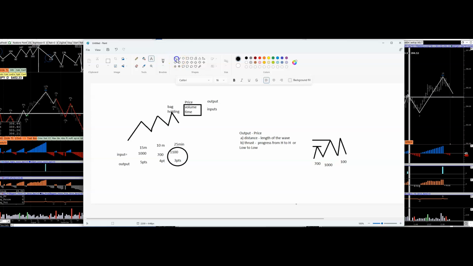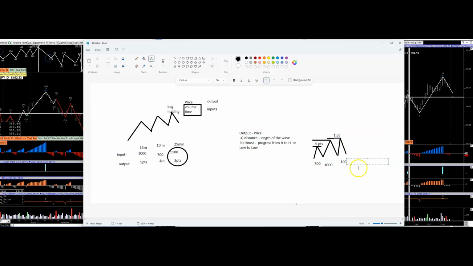Now the distance from high to high, the difference between these two horizontal lines, is much less. So let's say the distance here from high to high is, let's just give an arbitrary number, 5 points. Now the distance here to here is maybe 1 point.